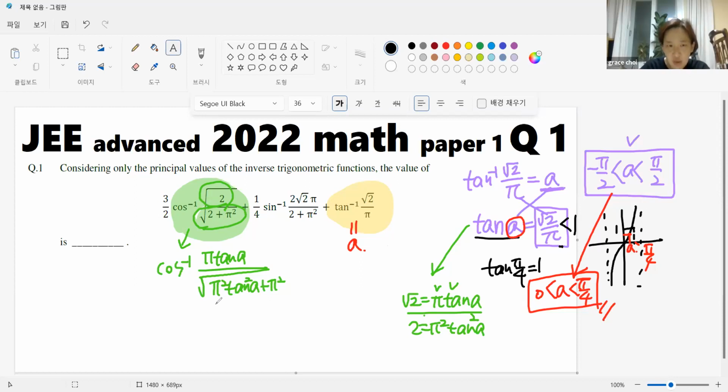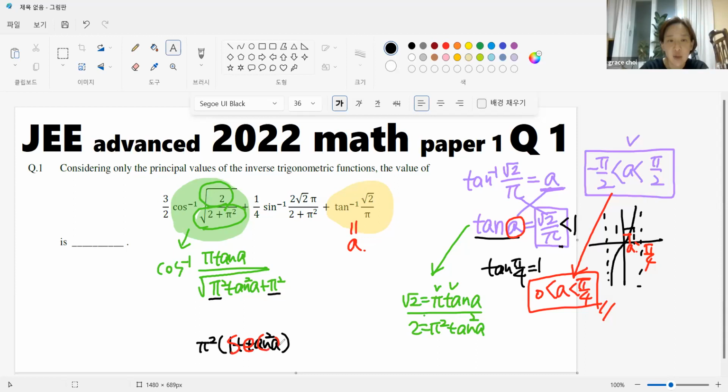We can simplify the denominator for sure, because factoring is possible. Pi squared, right? So this denominator part is pi squared times bracket 1 plus tangent A squared. And 1 plus tangent A squared is secant A squared, remember?